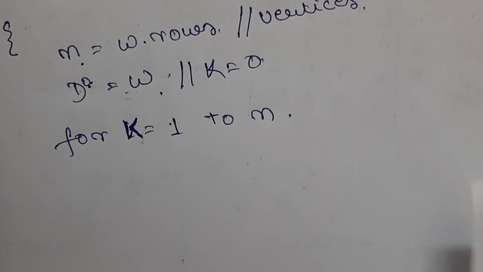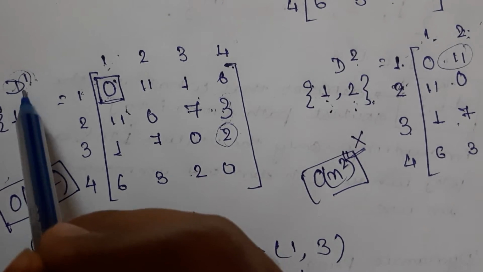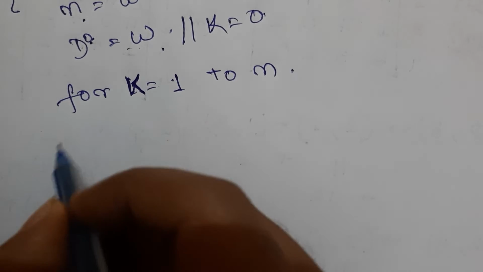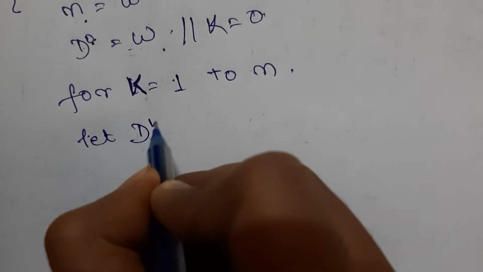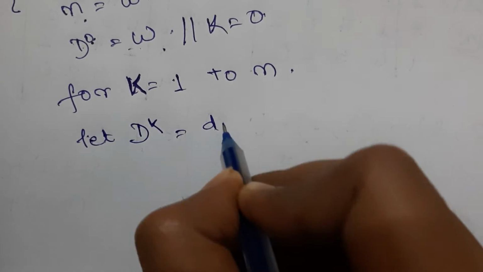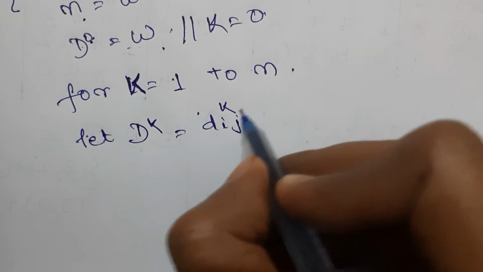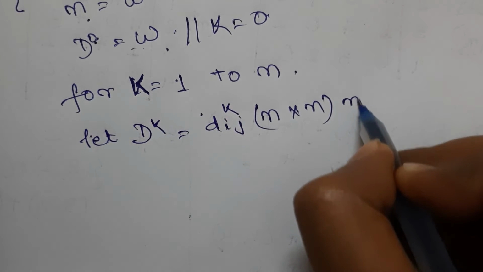For every k we are making a matrix. So for every kth value, dk is equal to d of ij k. We are going to make an n into n matrix.